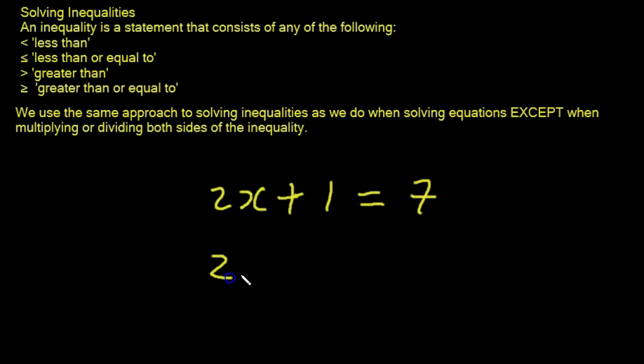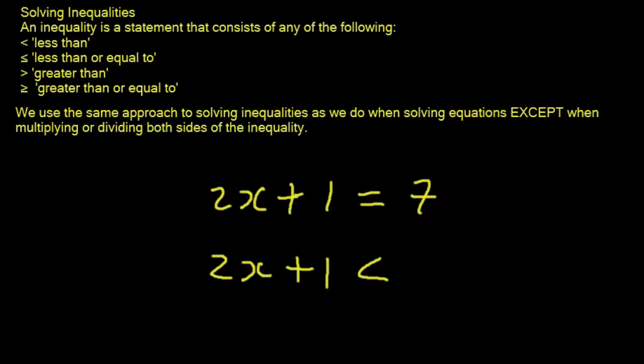But let's say we have something like 2x plus 1, and let's say we put any one of these four symbols here. Then what we have is an inequality. So if we put less than 7, then that's an inequality. Or if we put greater than 7, then that's an inequality.